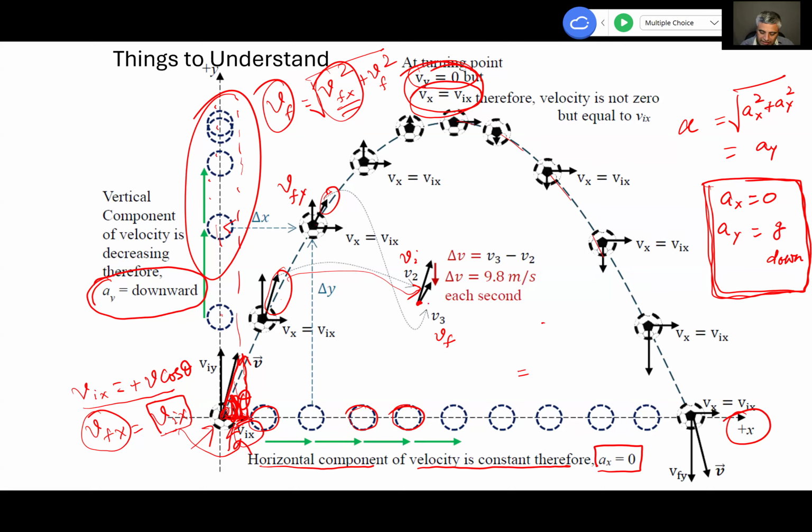So they are drawn tails together. From the tip of Vi, we can draw the change in velocity vector, delta V. See how, although we are looking at velocity at these two points, acceleration is still vertically down. So that's another way to verify this using the knowledge we have already learned, okay? So that's about projectile motion.